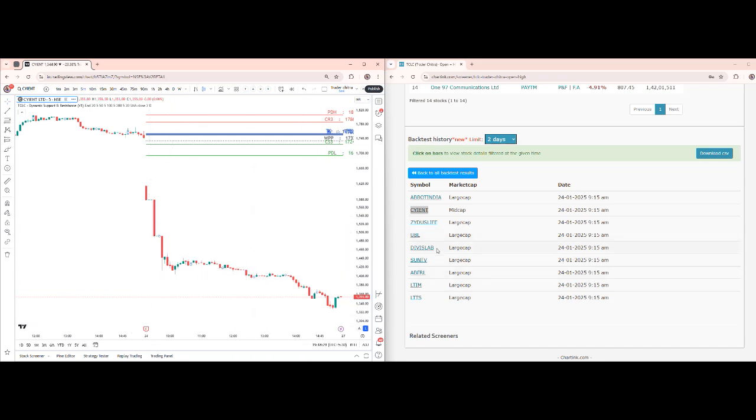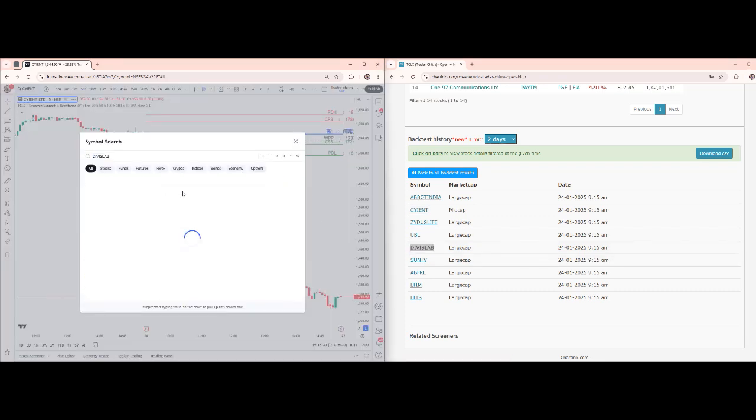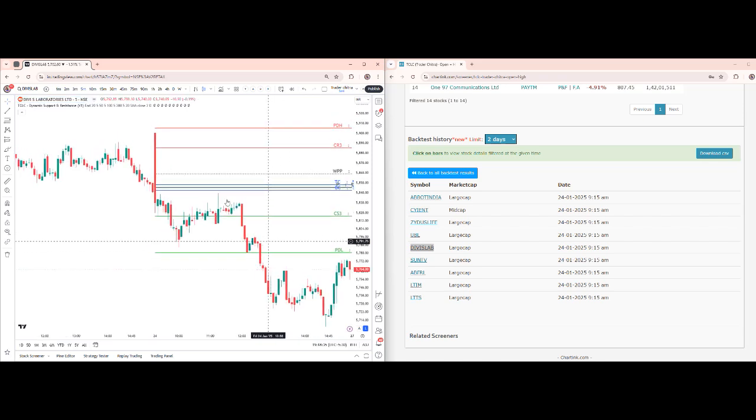Okay, we will see one more, that is Divi's Lab. This particular stock also has open equal to high, and after that it trades below the first 5 minutes candle, so we can look for a selling trade. Also we can see this price is trading below the CPR, and we can see selling opportunities here also.